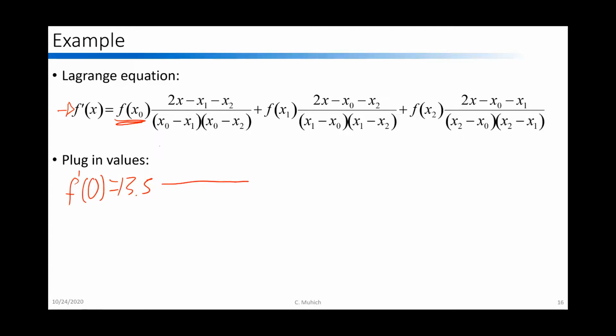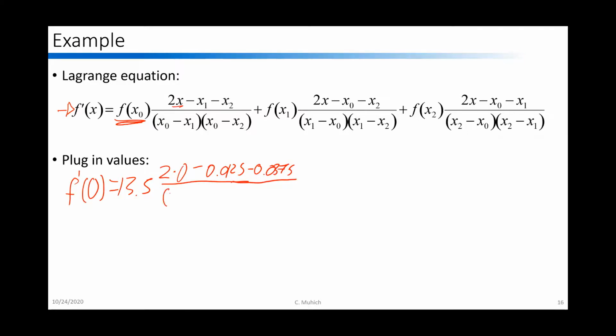Now we can plug in all of our different x's. So we had 2 times the x that I'm interested in, so 2 at 0, minus our next data point, which was 0.0125, and then that third data point, 0.0375.